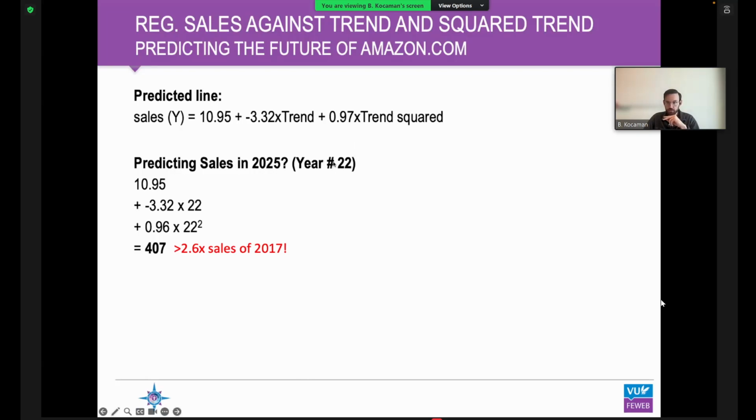So trend is 22, and this is what you will plug into the regression line. For this year 2025, our prediction is 10.95 minus 3.32 times 22, plus 0.97 times 22 squared. So this is apparently $407 billion, and it's actually 2.6 times the sales of 2017. So there is actually a big increase from 2017 to 2025.